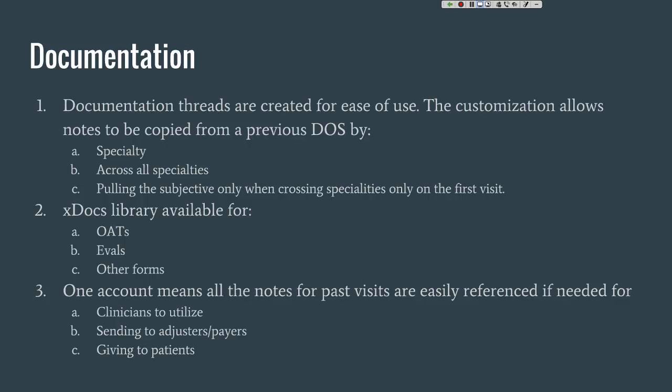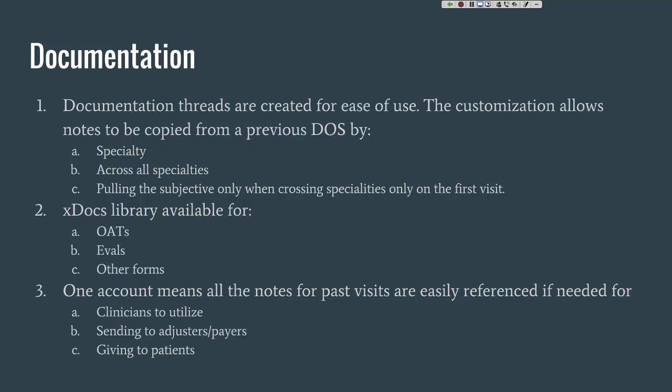This saves time. You don't have to go search it. You don't have to click make a copy. This is automatic. You then make your changes in the subjective, qualifying and showing that there's been steady progress on the patient account of them getting better. You're then able to build that visit out very, very quickly.